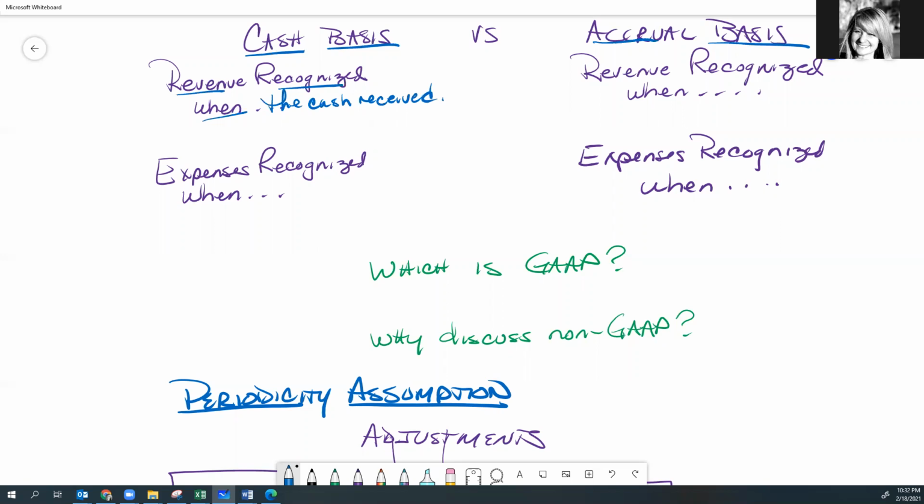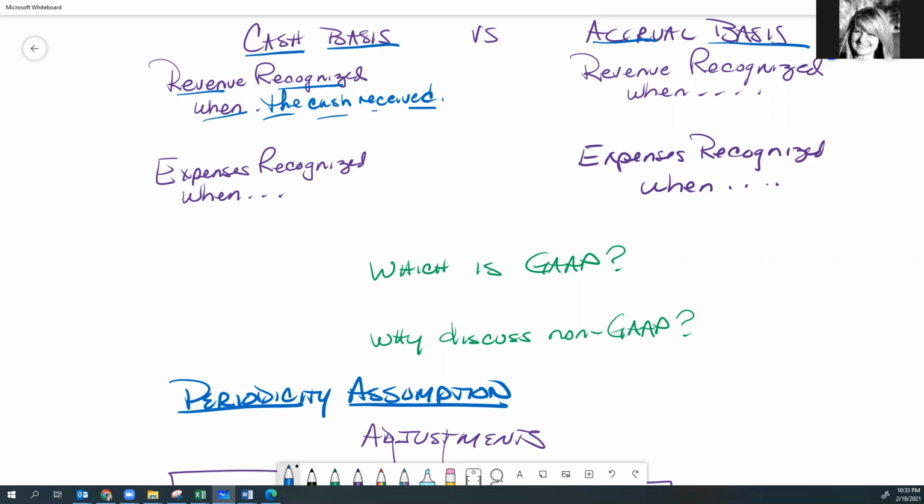So if I were to provide landscaping services today to my client, but I'm going to send them a bill when I get back to my office, and they're going to pay me next month, I would not have any revenue this month. Even though I performed the services this month, I would have the revenue next month when the cash was received.